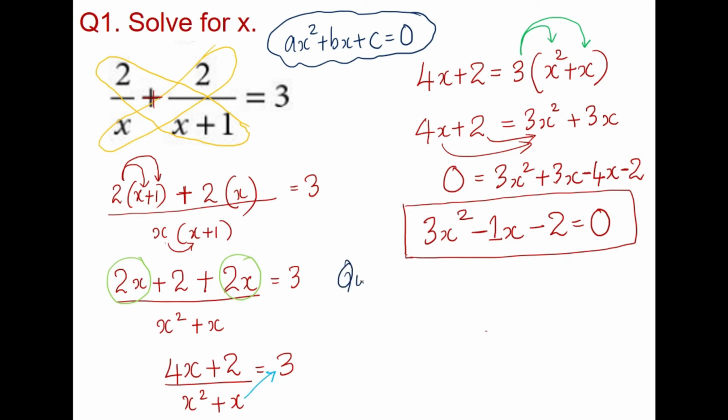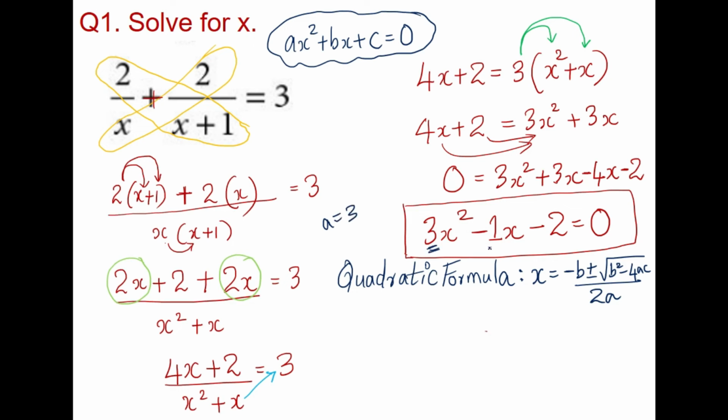Now using the quadratic formula, x equals minus b plus or minus square root of b squared minus 4ac over 2a. So from here my a is 3, my b is negative 1 and c is equal to negative 2.